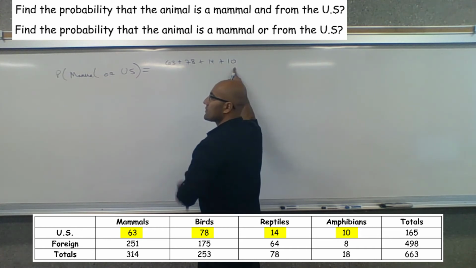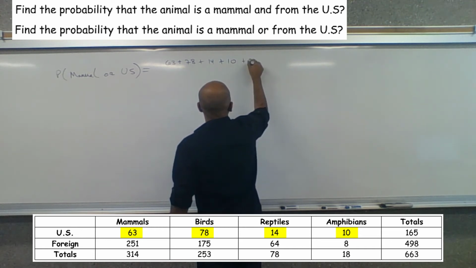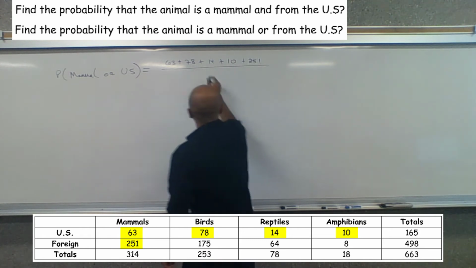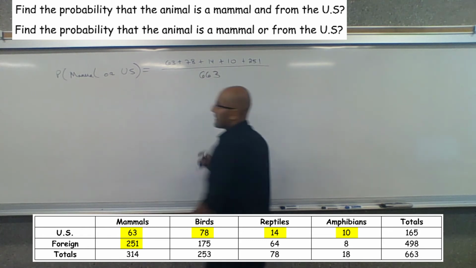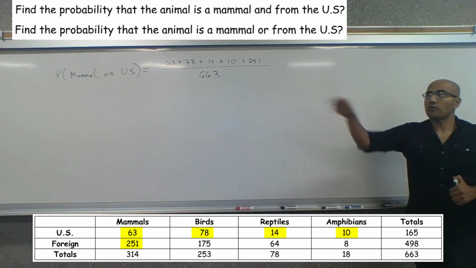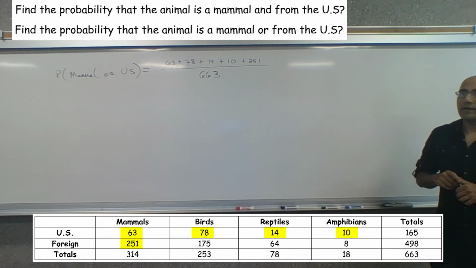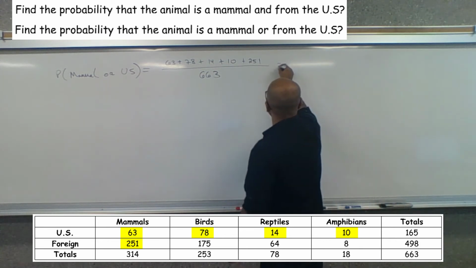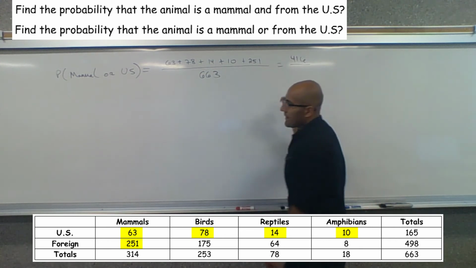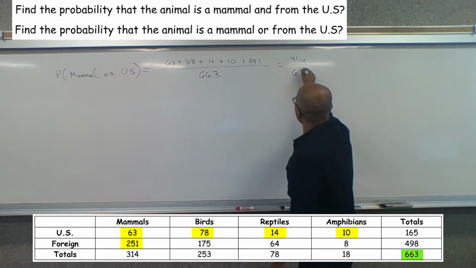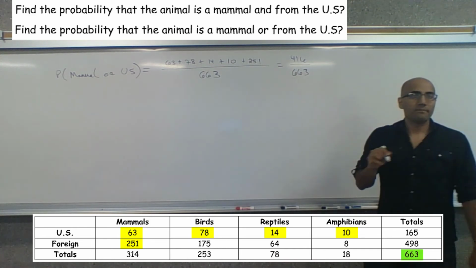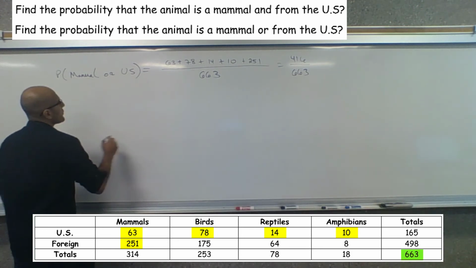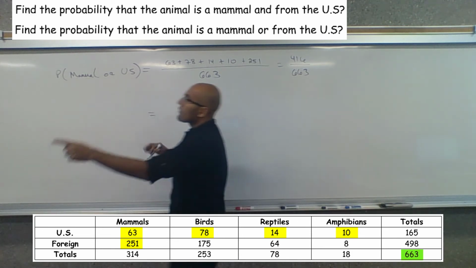And then there was an additional 251 that were mammals that haven't already been counted. And all of that is divided by 663, just by looking at the Venn diagram. So that should give us the same answer of 416 divided by 663. Good.